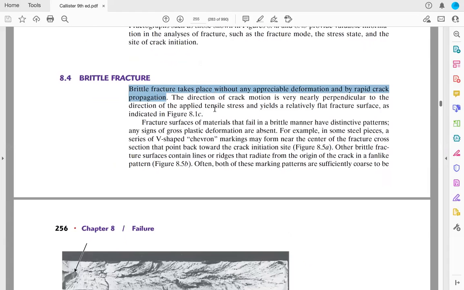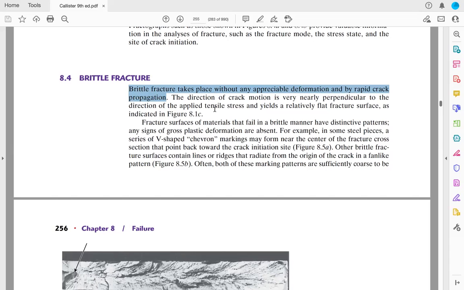So the difference is that ductile fracture is quite slow. There would be plastic deformation first. We can see it, and we can think about what we can do to avoid the fracture. Maybe we can change the equipment, do maintenance, and then go again.